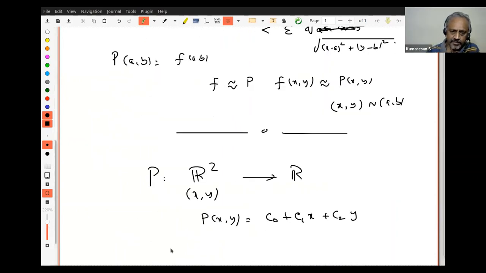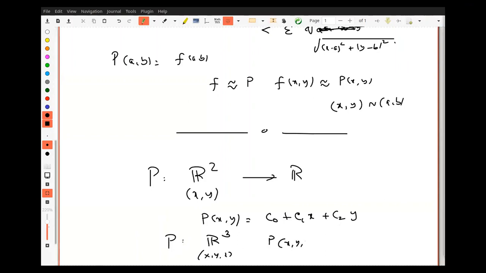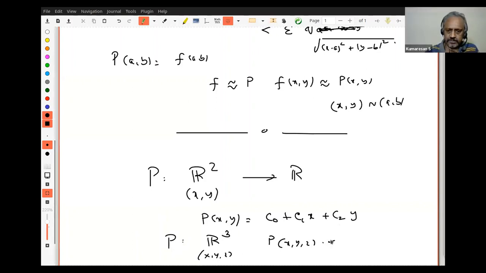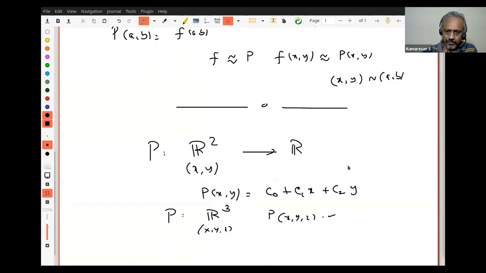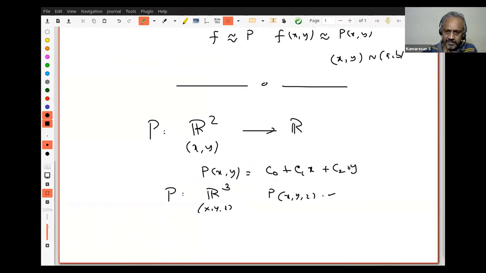So can somebody tell me what will be the first degree polynomial on R3 with x, y, z coordinates? Quick. c0 plus c1x plus c2y plus c3z. Very good. Suppose at a, b, c, in x minus a, y minus b, z minus c, you know how to do that, right? I don't want to waste our time, so it's clear, right?